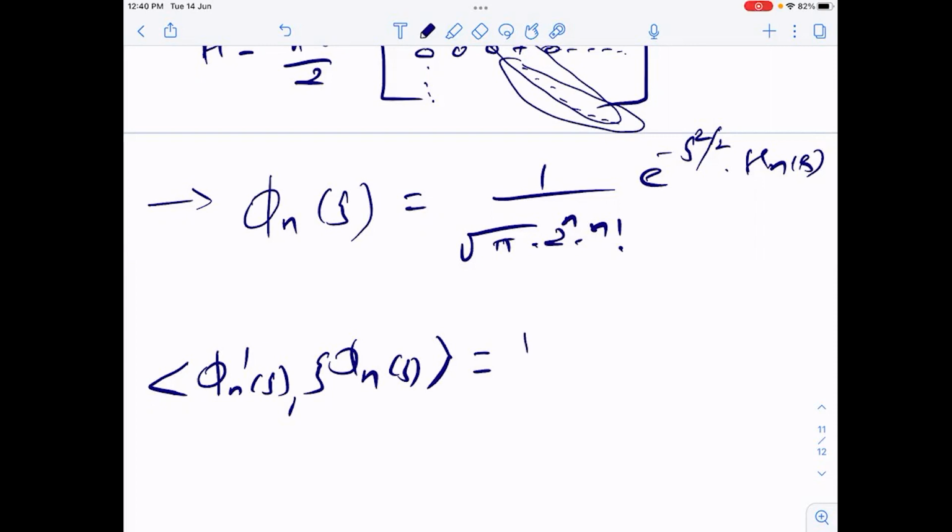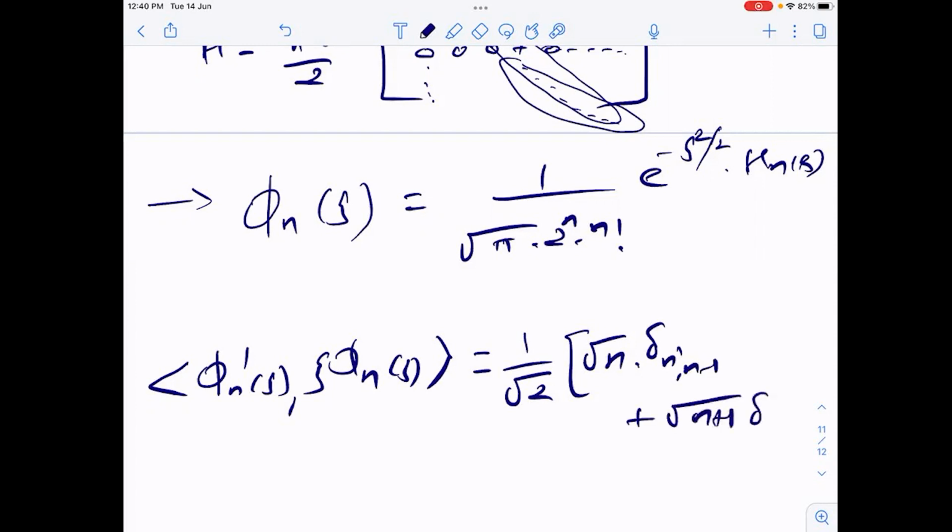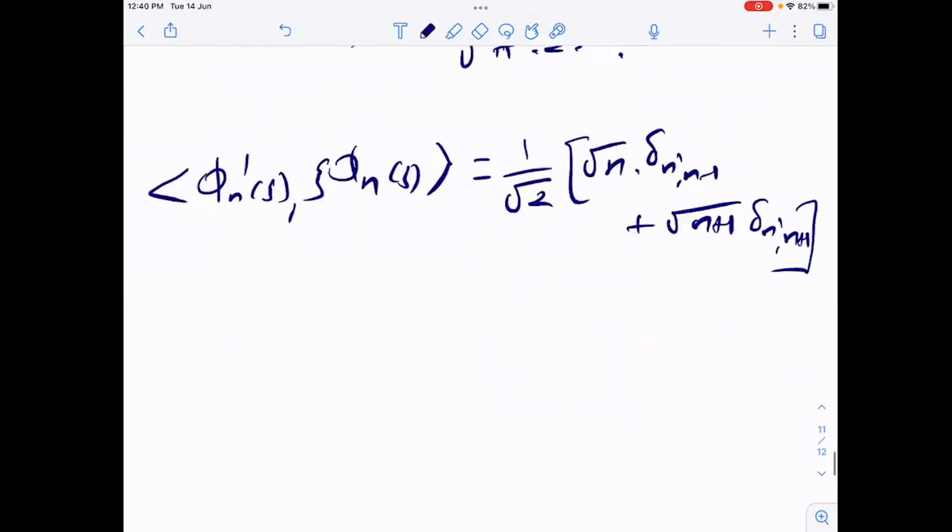Okay. So 1 upon root 2, it will turn out to be 1 upon root 2 under root n into delta n' n minus 1 plus under root n plus 1 delta n' n plus 1. Right? You get this in the Schrodinger case.